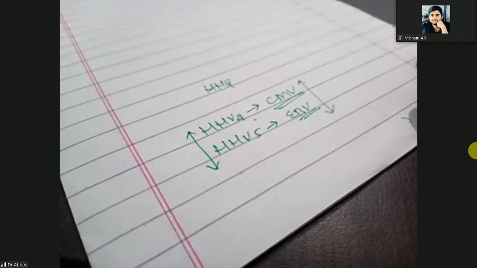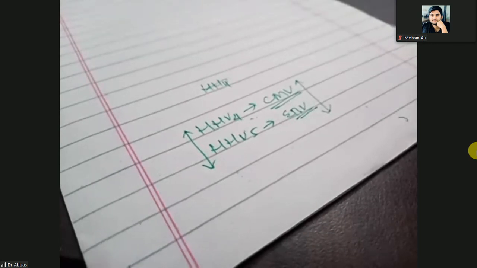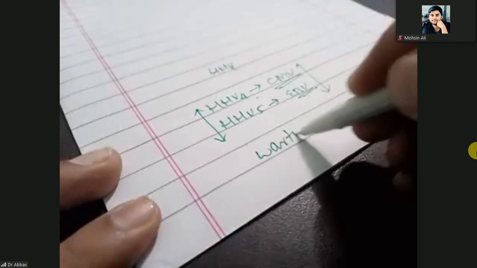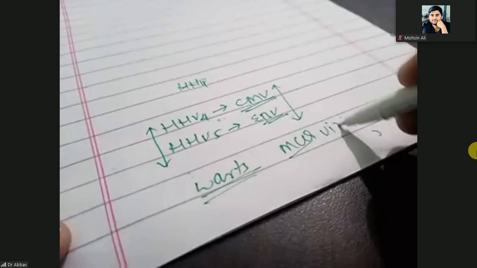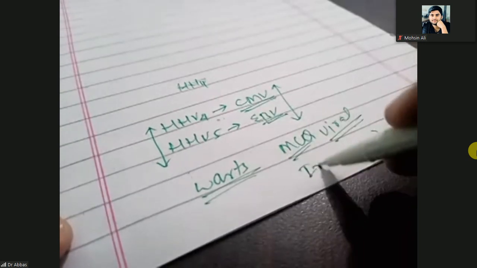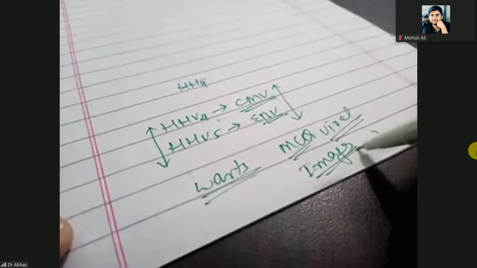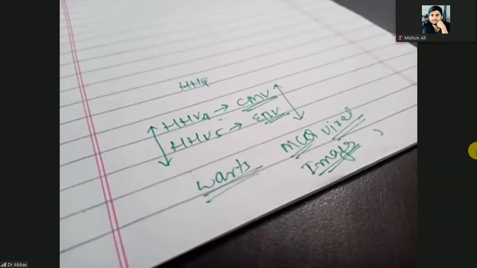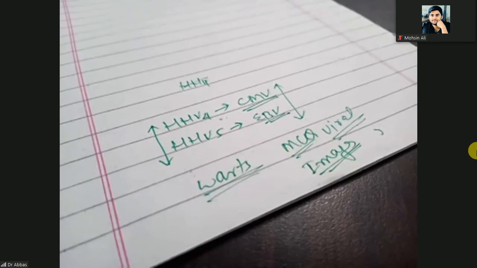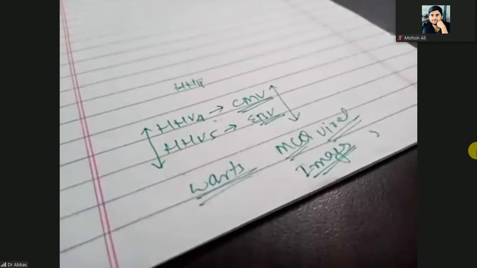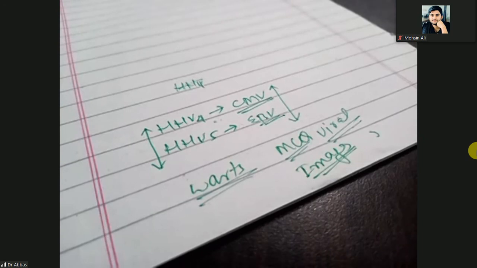And later we will discuss the different kinds of warts, some MCQs related to the viral infections, and also images in tomorrow's lecture. So in tomorrow's lecture, we will discuss HHV4, 5 up to HHV8 and some different warts. We will also discuss the MCQs and some images of the viral infections.